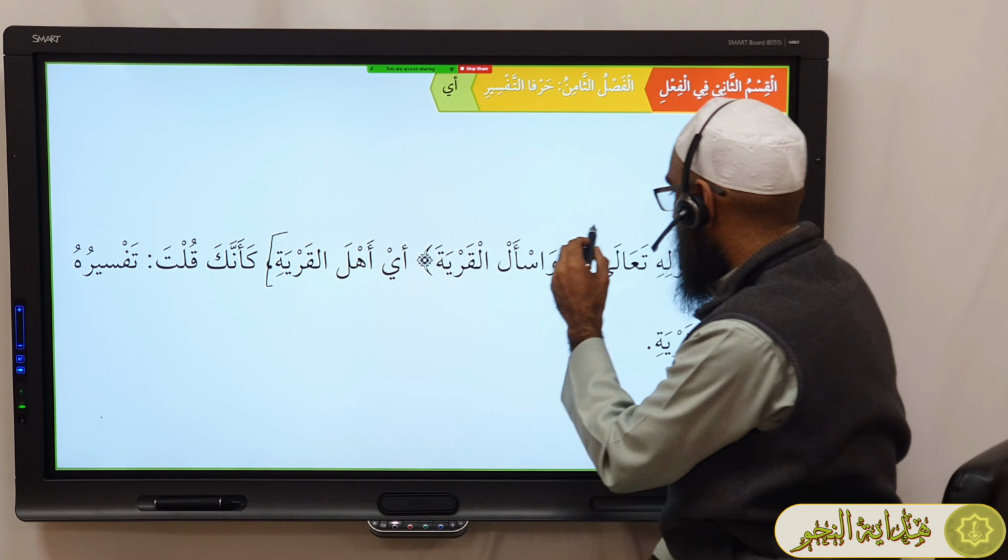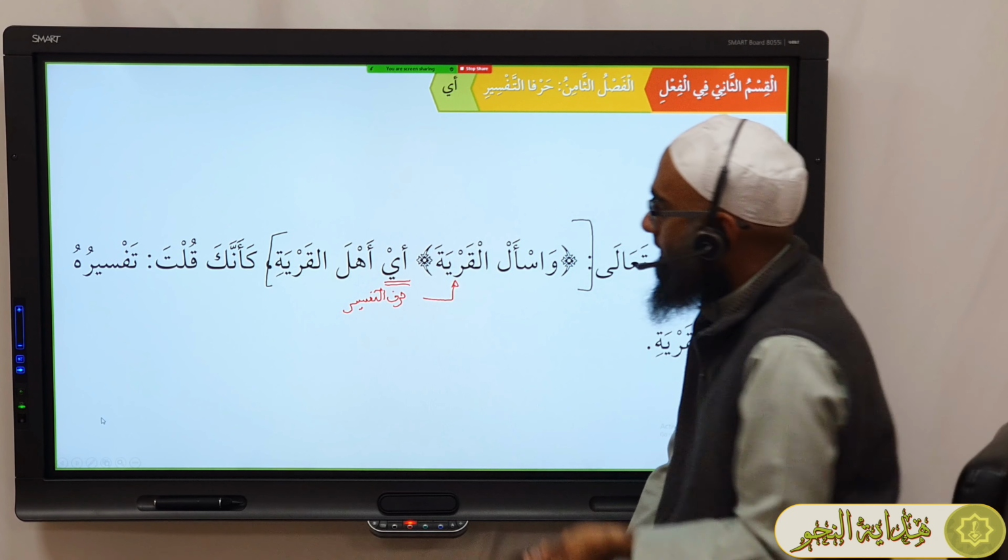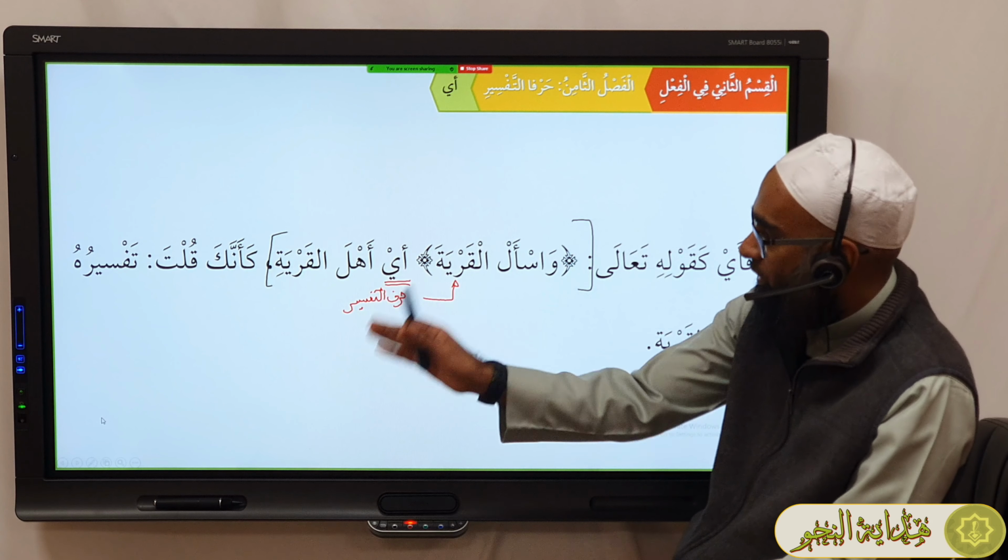So if you were to say, for example, like this, واسأل القرية أي أهل القرية, then this is a harf al-tafsir. This is now the tafsir of the qarya.